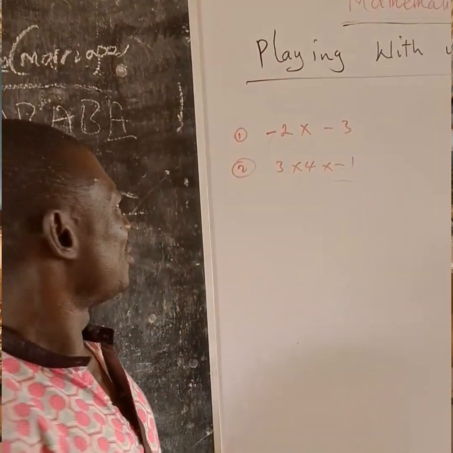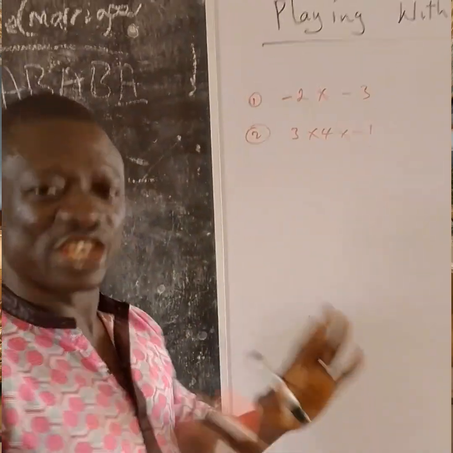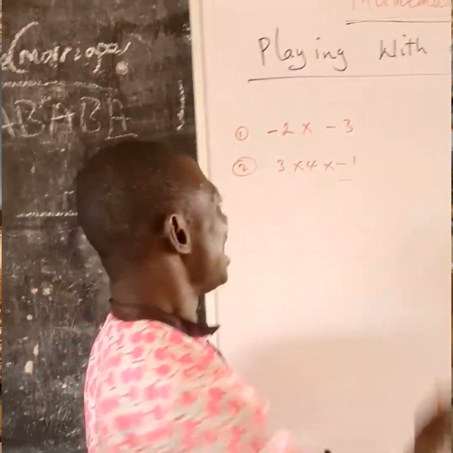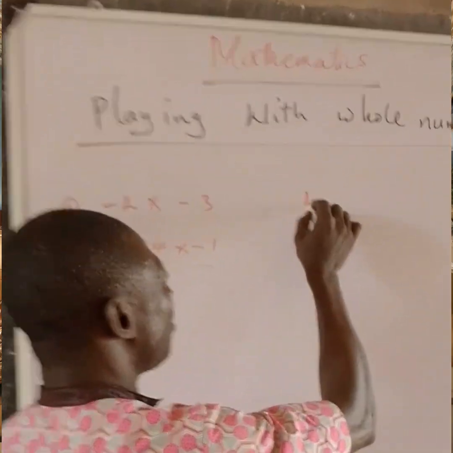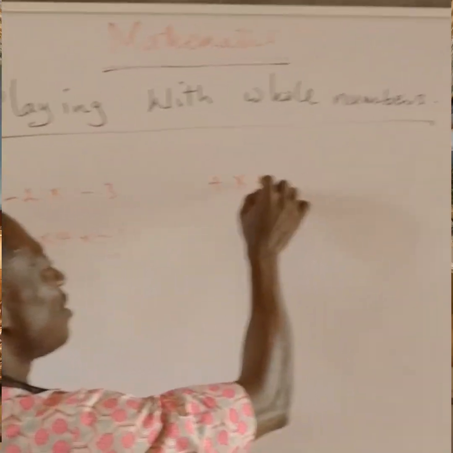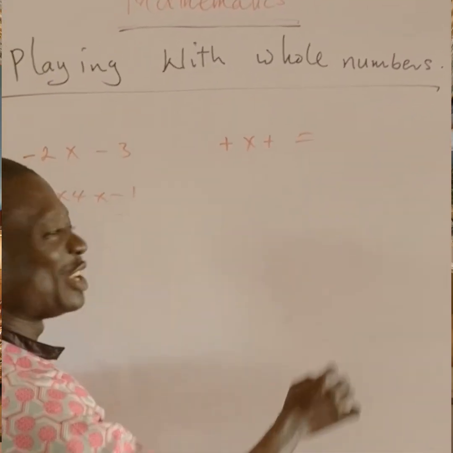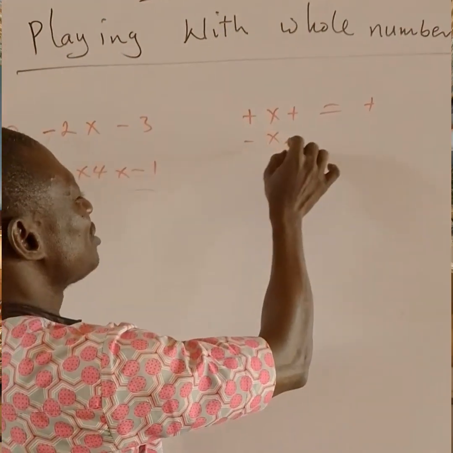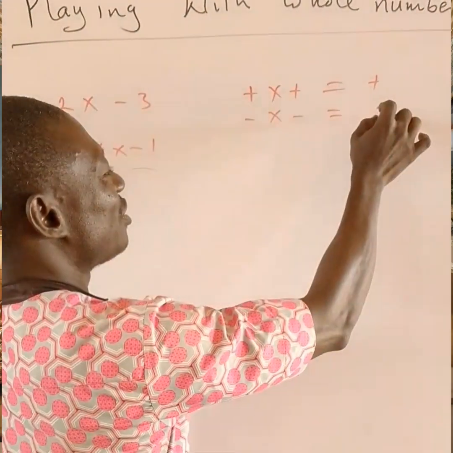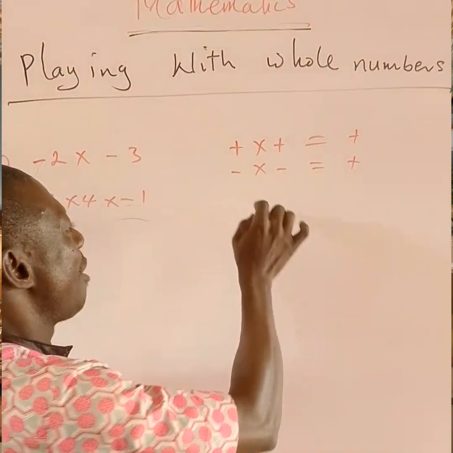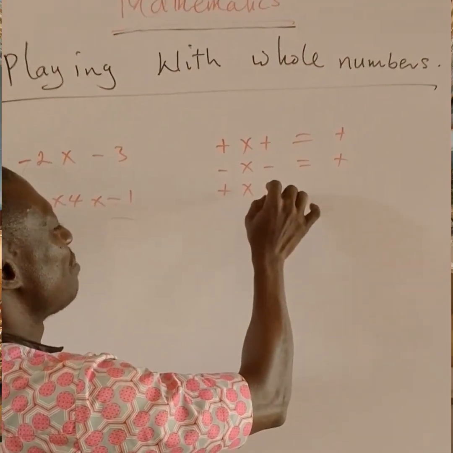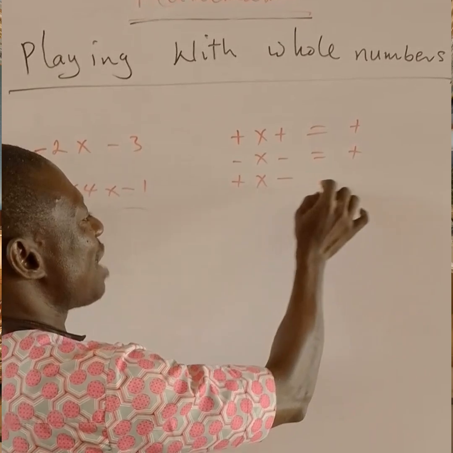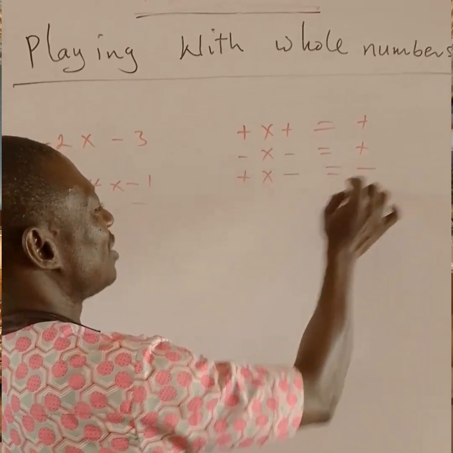Let us go ahead now. This is the key that is guiding it. Anytime we say plus times plus, what is going to give us is plus. Minus times minus, what is going to give us is plus. Minus times plus, what is going to give us is minus.